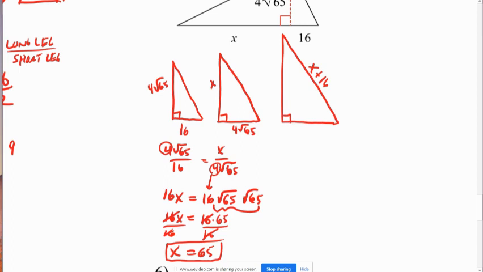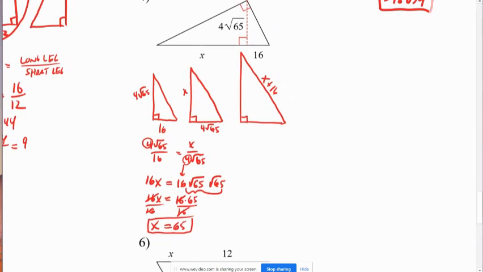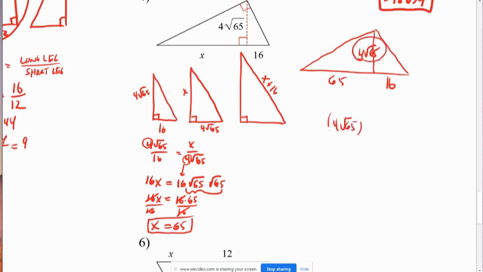And so if x is 65, then we can look at the geometric mean relationship that I was talking about. If this is 65 and this is 16 and this is 4 root 65, this squared should equal 65 times 16 if we did everything right.